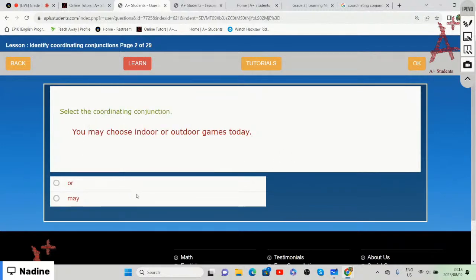We need to select the coordinating conjunction within the sentence. We need to choose the coordinating conjunction that connects either words, phrases, or simple sentences.